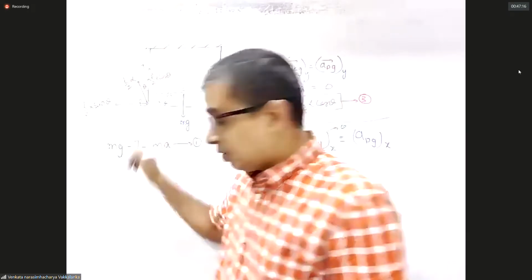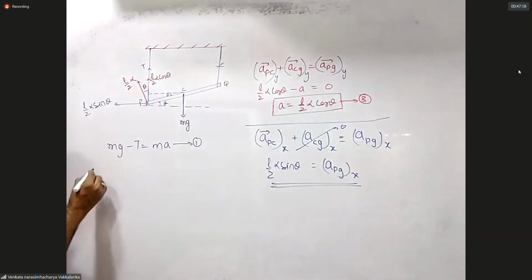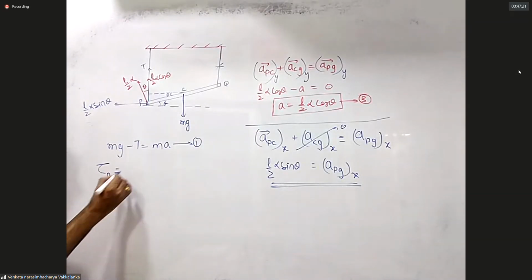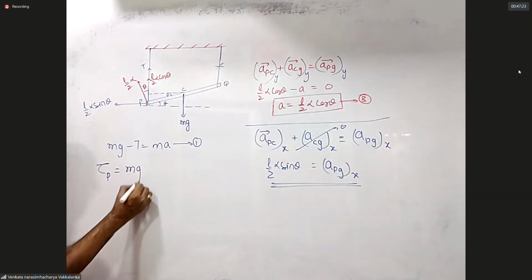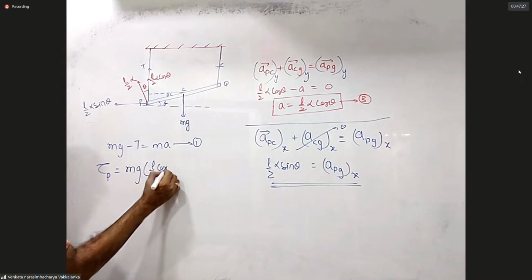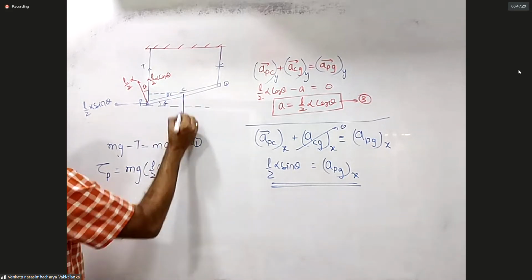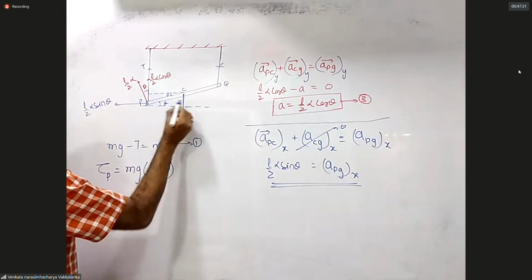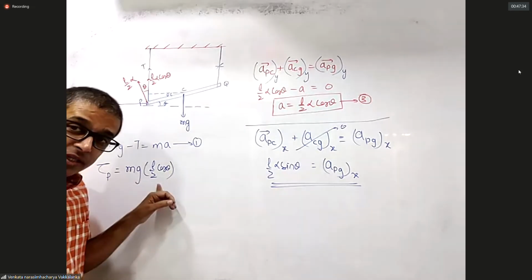Yes, sir. So when you people took the torque equation about point P, you have taken mg into L by 2 cos theta. Till here you are right. Mg into L by 2 cos theta. But you took only this.